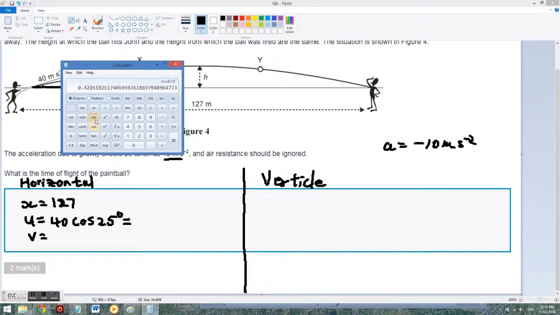So we have 40 sine. No, it doesn't work. Sorry.